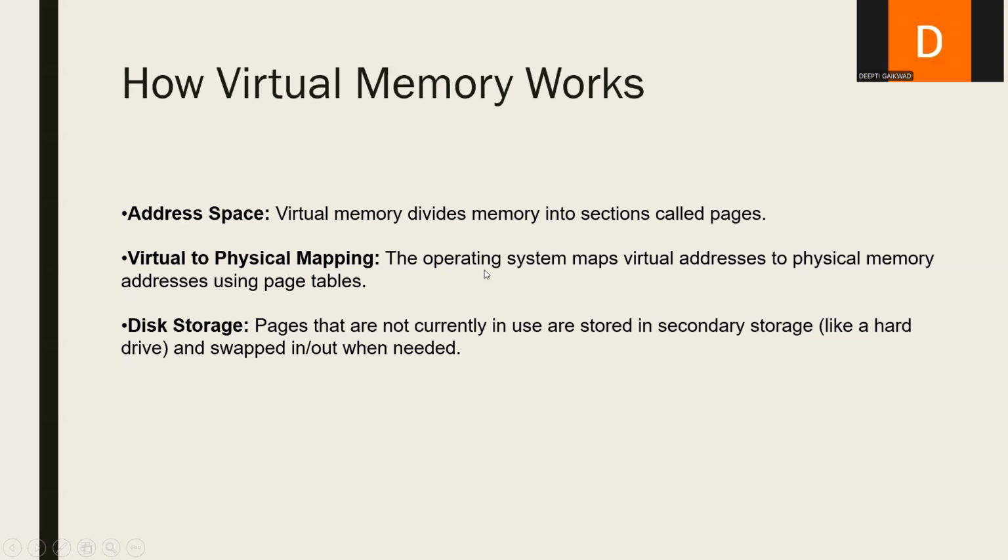The virtual to physical mapping means the operating system maps the virtual address to physical memory using page tables. When virtual memory needs to be used, the operating system takes the charge from the user and it maps the logical address to the physical memory.